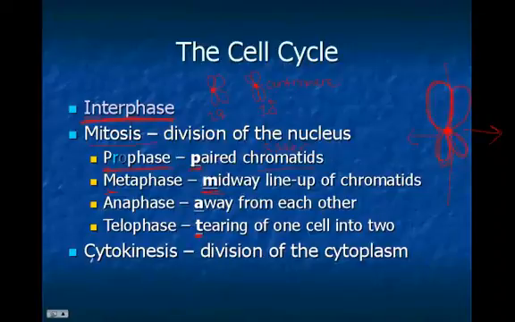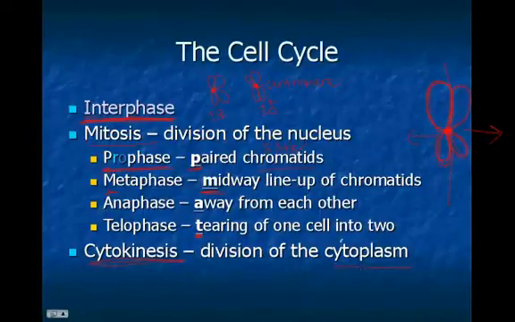And then cytokinesis is where you're divvying up the cytoplasm. So cytokinesis actually happens at the same time that telophase happens here. If you remember, mitosis is all about divvying up your DNA. Cytokinesis is all about divvying up your cytosol and all of those organelles.